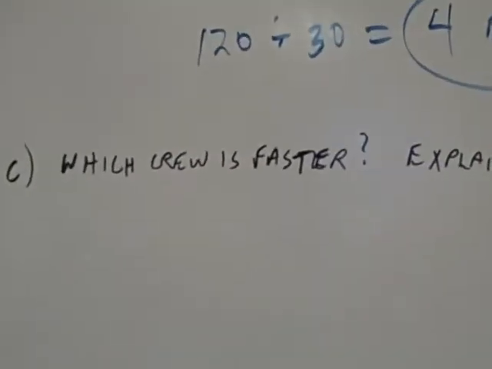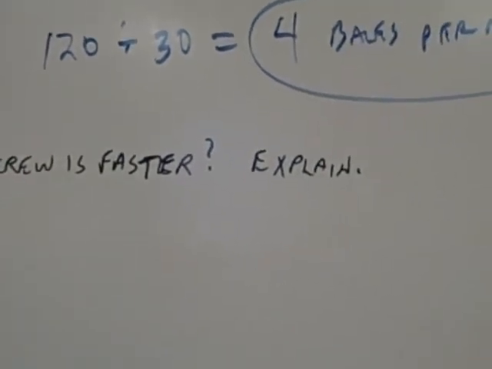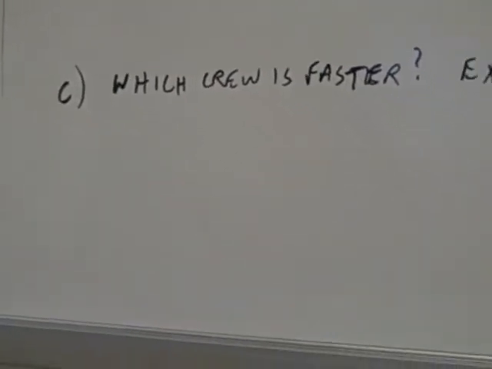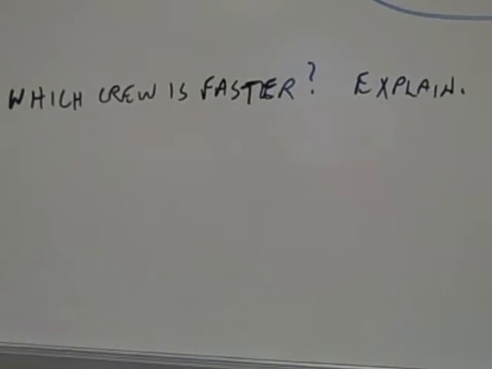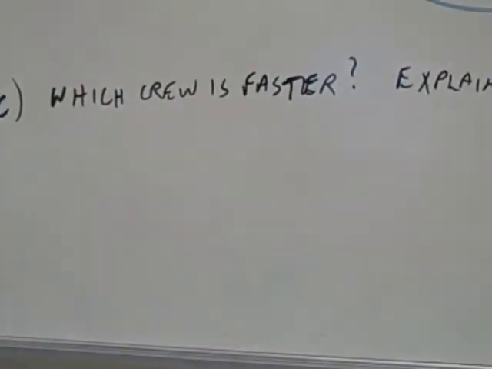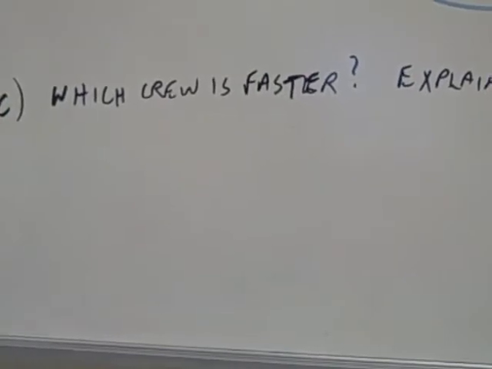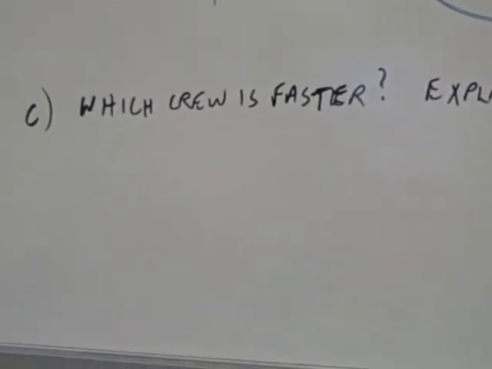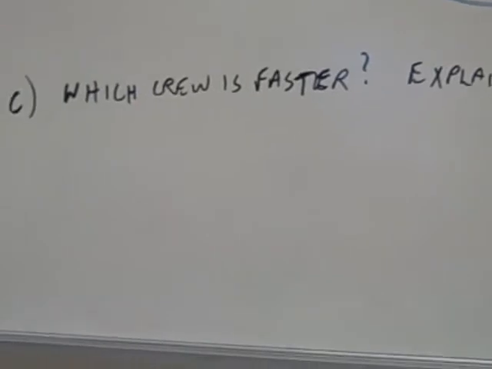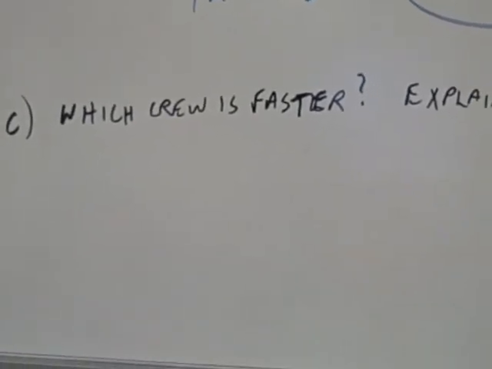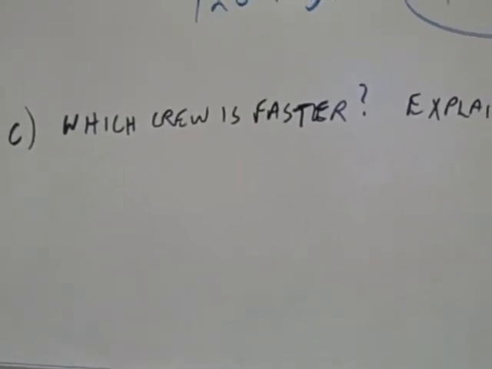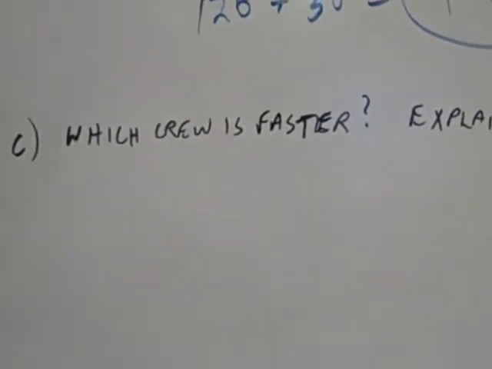Because I got 5 bales per minute versus 4 bales per minute. Can we actually answer the question? What do you think, Dakota? John's crew's faster, because in 1 minute they can unload 5 bales, where Bob's crew can only unload 4 bales per minute.